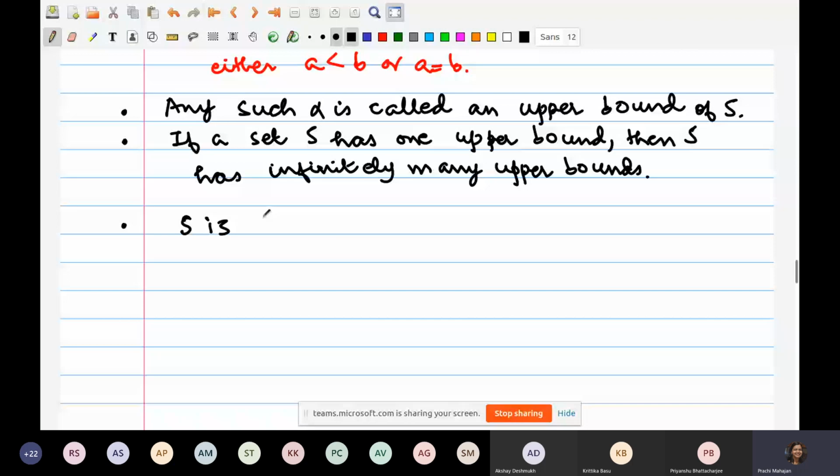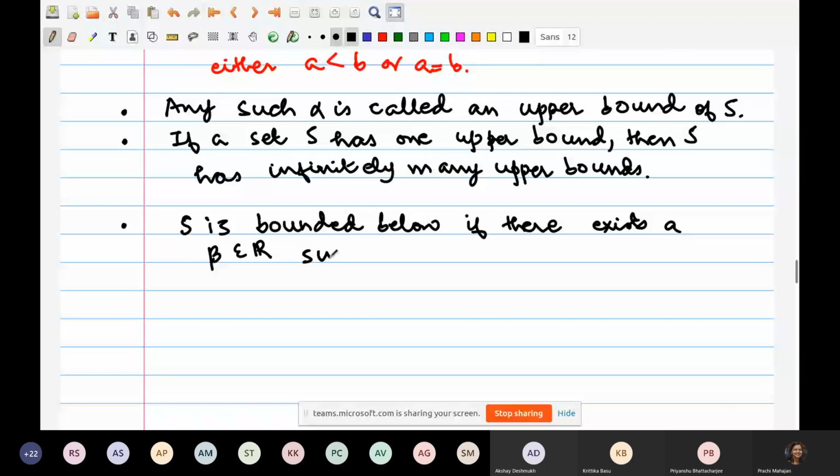S is again a non-empty subset of R. We say that S is bounded below if there exists an element beta such that beta is less than or equal to x, and this is true for every element x in the set S.